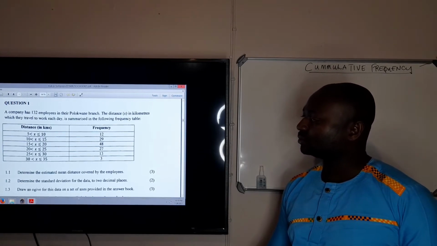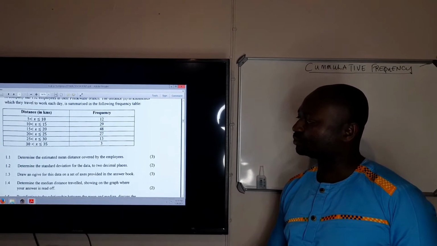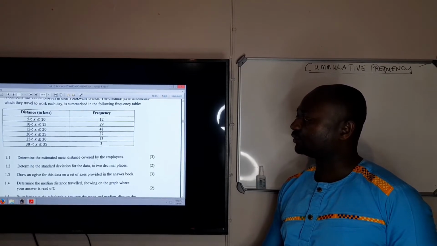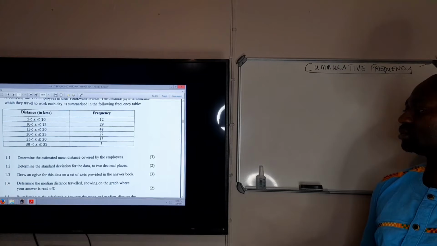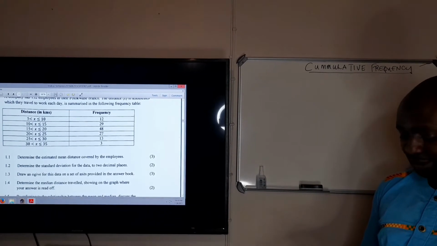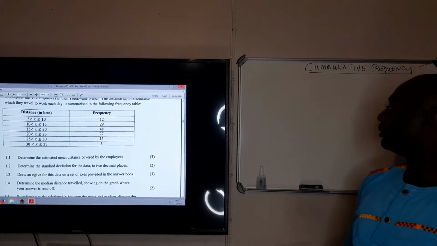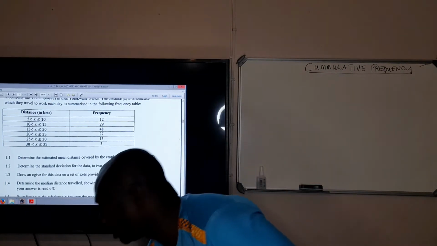In each of these distances, they give you the frequency. The question the examiner asked was 1.1: determine the estimated mean distance covered by the employees. So here, learners, you are supposed to determine the estimated mean distance covered by the employees. Observe what I'm going to do quickly.